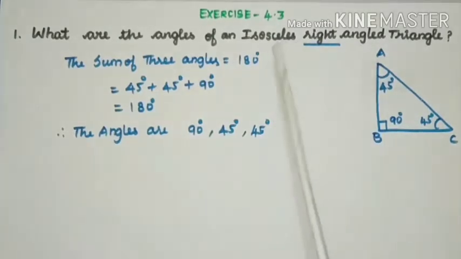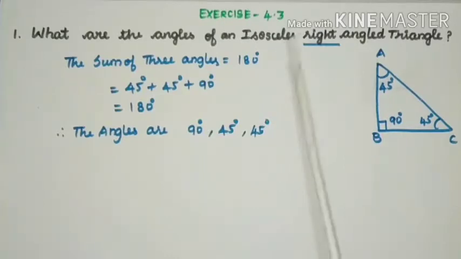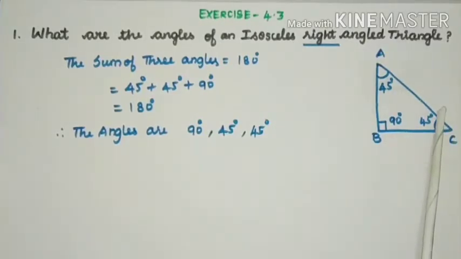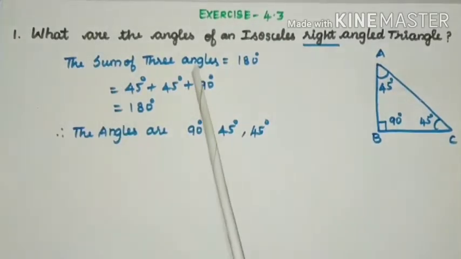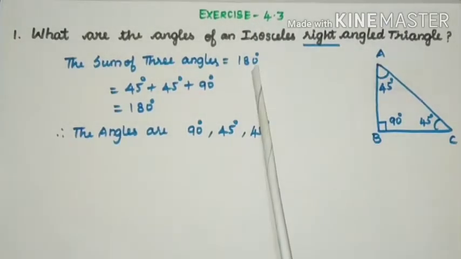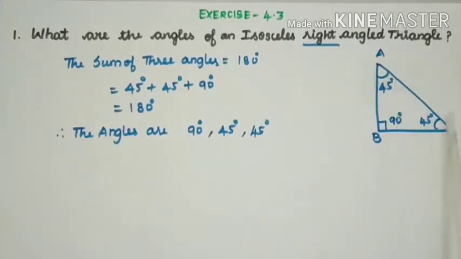By using the other hint, that is isosceles triangle, the other two angles are equal. One is 45 degree and the other one is 45 degree. Because the sum of three angles is equal to 180 degree. If we add the three angles, we have to get the answer as 180 degree. Otherwise, a triangle cannot be formed.